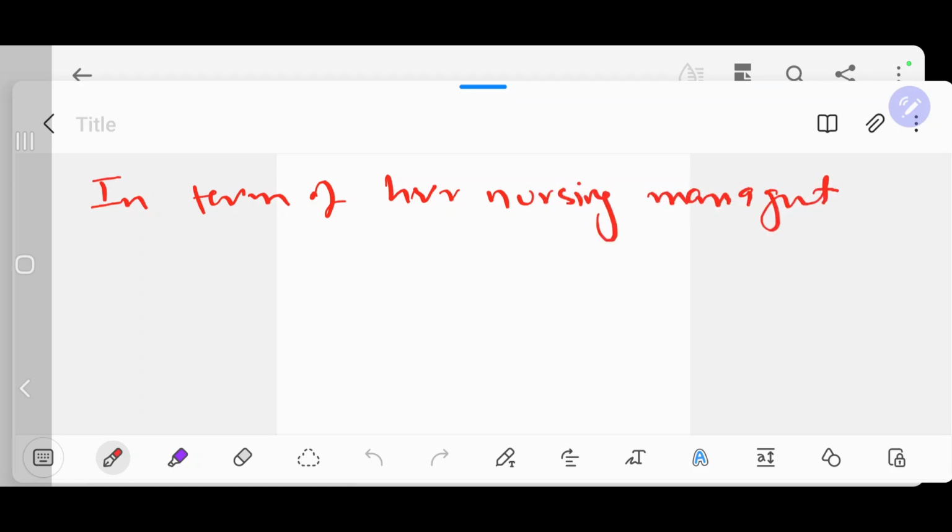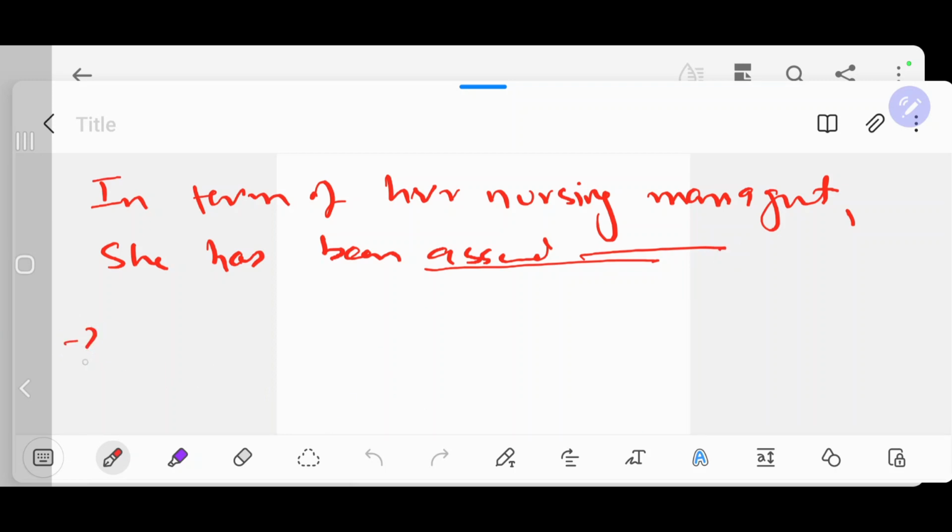Afterward, we can write it down in terms of her nursing management. In terms of nursing management, let's say she has been assessed for behavioral signs of psychosis and so on.